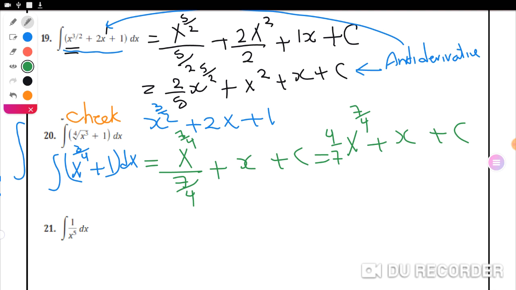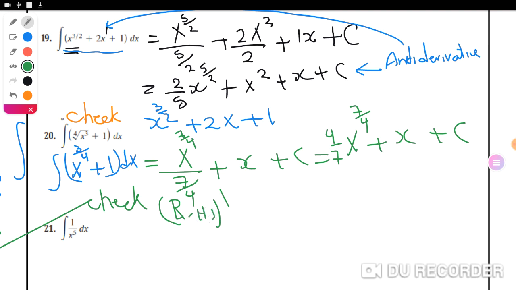I prefer to write in the simplest form, even if they don't ask you to simplify, because if we have multiple choices, the given choices will be in the simplest form, okay? To check in the same way, I find the derivative of the right hand side.